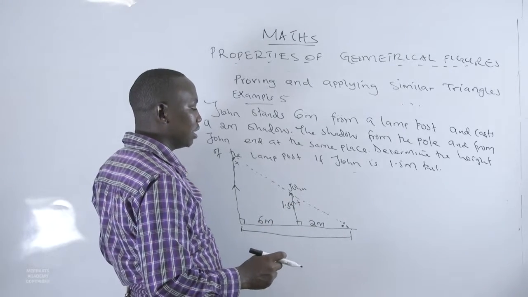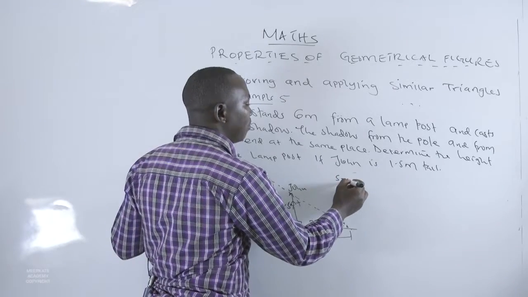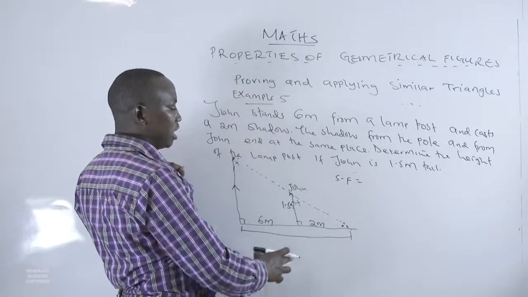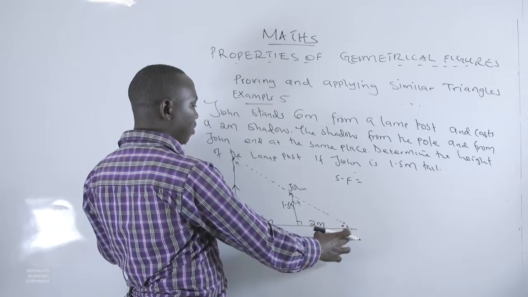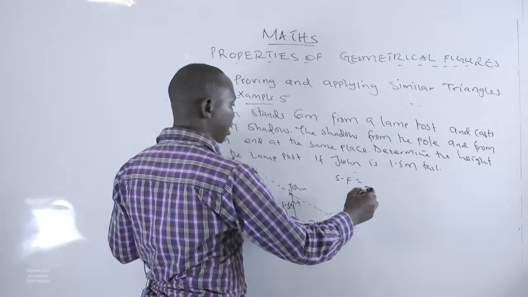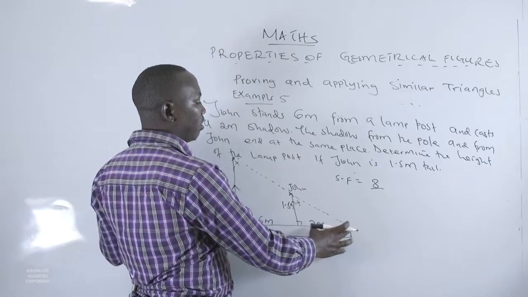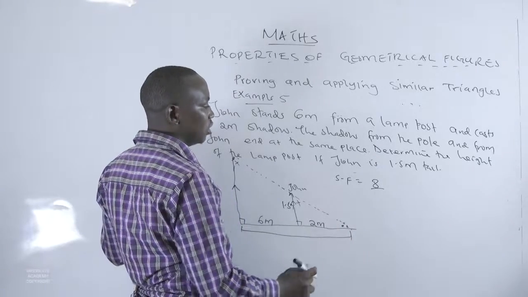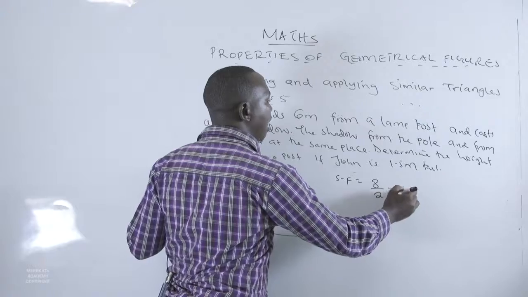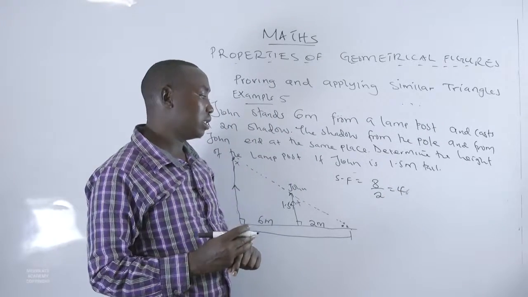And therefore, we can find the scale factor by using the distance from here up to the lamppost, which will be 2 plus 6, giving us 8 meters, over from here up to where John is, which is 2, and that will tell us that the scale factor is 4 units.